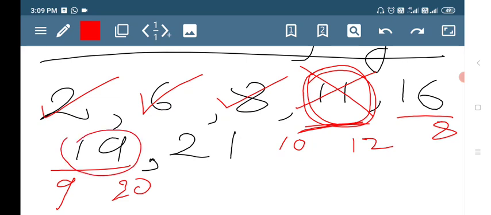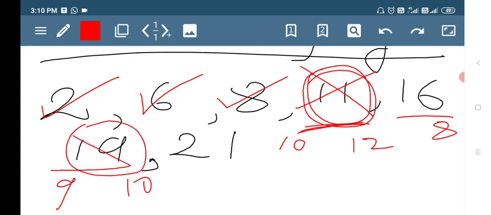So 19 lies in between those two numbers, so it is not divisible. Similarly 21, no. 2 10s are 20, 2 11s are 22. Again it is not divisible.